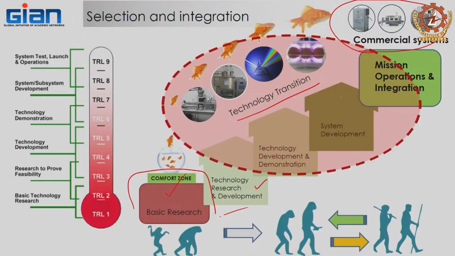So once we know where we have to integrate it, there is technology research and development, demonstration, system development, and mission operation and integration. A lot of those type of systems, even in NIT Rourkela, you can see how those systems are designed, like automatic pickling machine, automatic dosa maker. What is the new technology there?